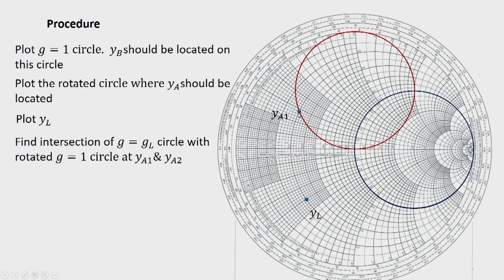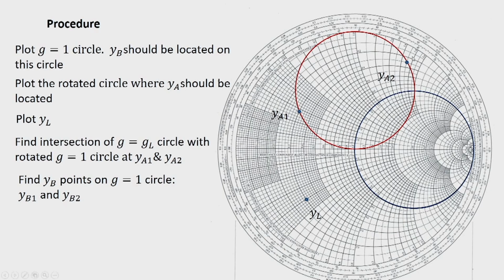Please note that real part of this Ya1 is same as GL, and then as you continue moving, we get over this circle, we get another intersection point Ya2. Again the real part of this is same as GL. Now, these are the location of Ya on the rotated g is equal to 1 circle.